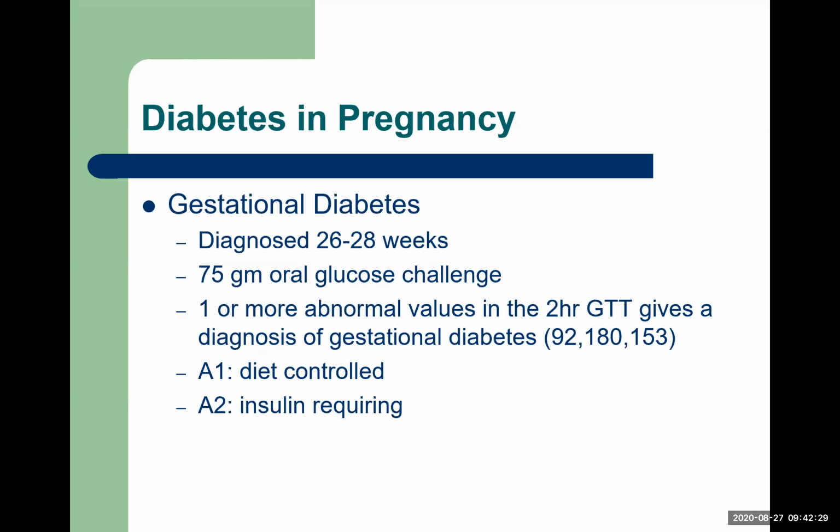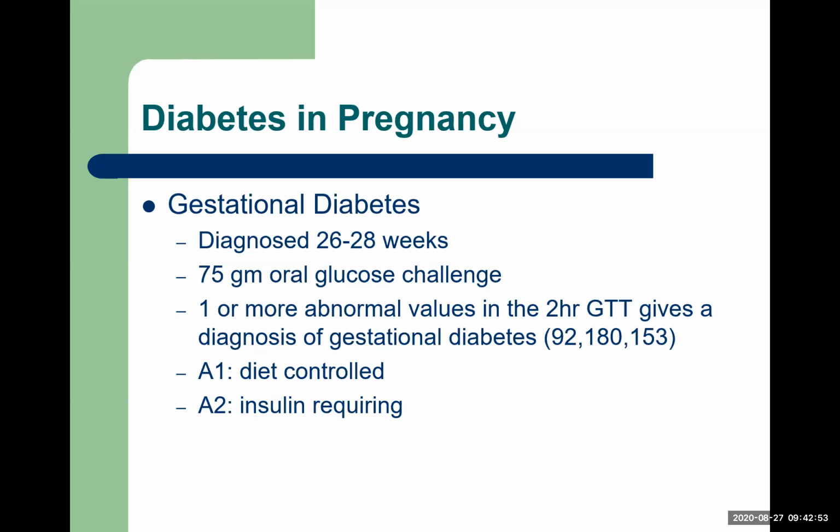And as you know, you need only one abnormal value in this test to give you a diagnosis of gestational diabetes. So those patients usually get started, they usually are pretty much A1 GDMs, meaning they're diet controlled. So they get started on a special diet and a special exercise program.